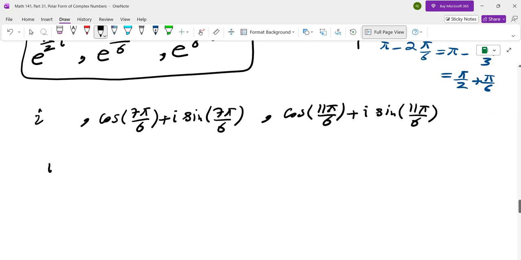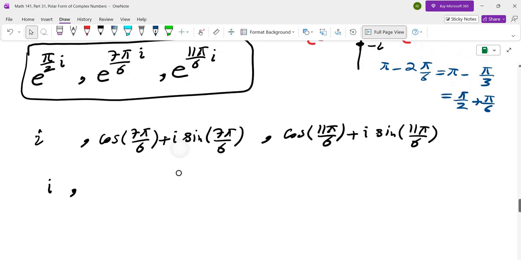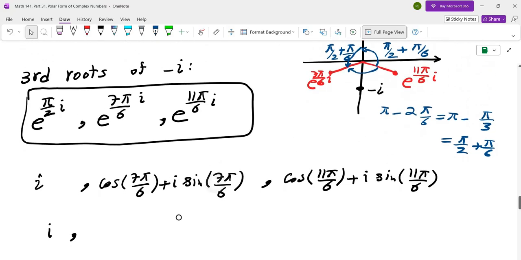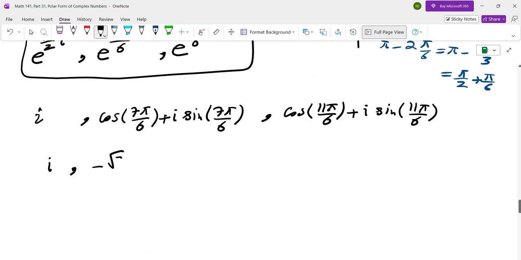So let's see what they are. So they are i. Cosine of 7 pi over 6 is going to be root 3 over 2, but it's in the third quadrant. So that would be negative of that, negative root 3 over 2, and then minus i over 2. So the next one, cosine is positive, so root 3 over 2, and sine is still negative, minus i over 2.